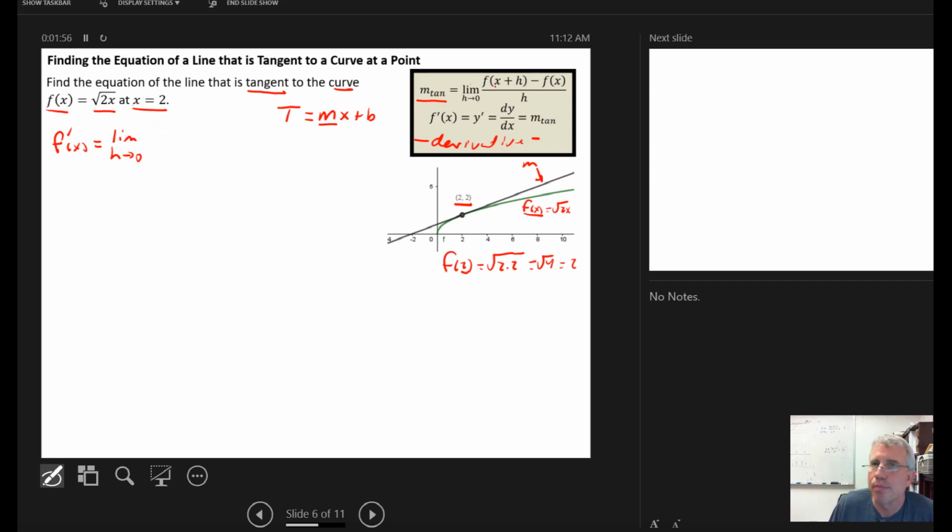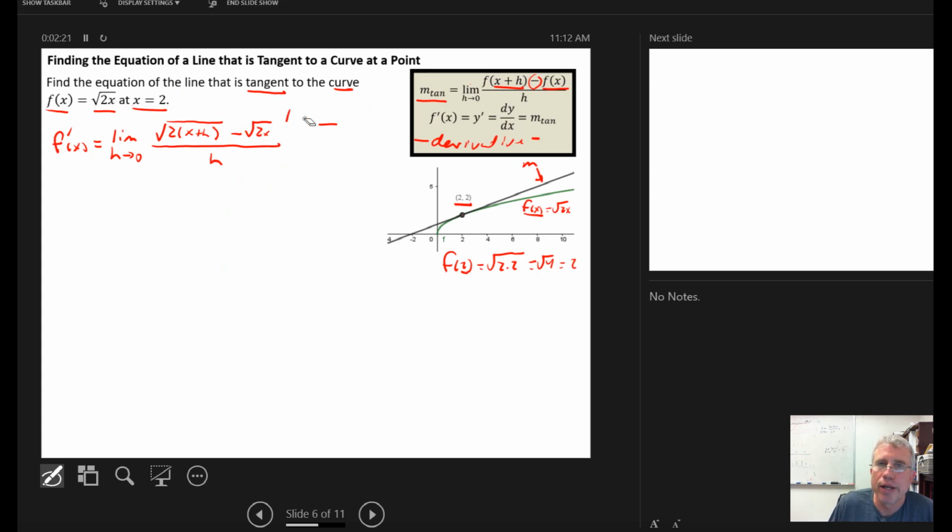So the first step is to replace every x in f of x with x plus h. So I have the square root of 2 times x, but I replace x with x plus h, minus the original function f of x. The original function f of x is just the square root of 2x, and it's all over h.